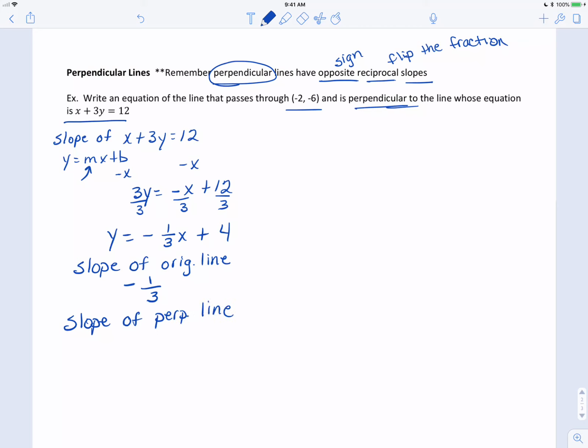Remember, opposite reciprocals. Well, my slope of my original line is -1/3. So the slope of my perpendicular line has to be positive. Remember, opposite sign first. Then we're going to flip that fraction. So 1/3, we're going to flip that to be 3/1, which is just 3.